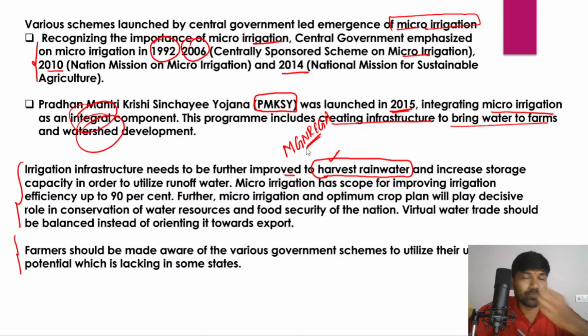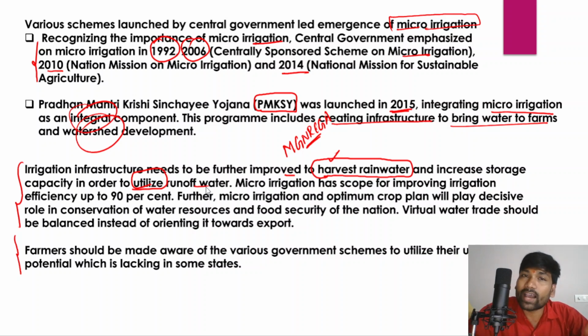And in fact, removal of silt in the irrigation canals would also enhance the water carrying capacity of these canals. Everything can be done. So increase storage capacity in order to utilize the runoff water. Generally water wastefully flows into the sea during the monsoon times.